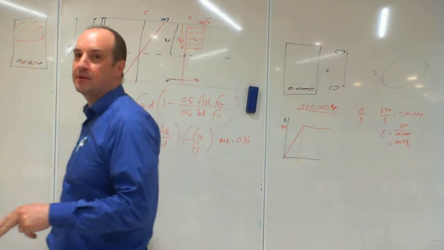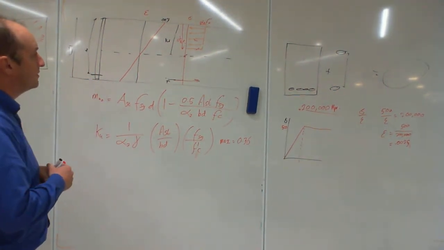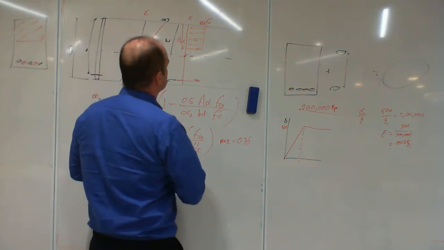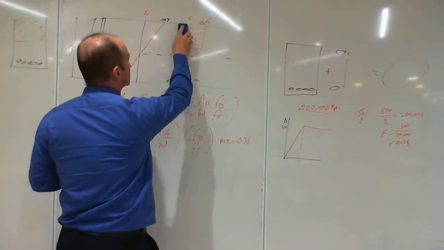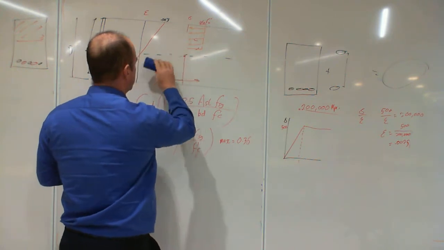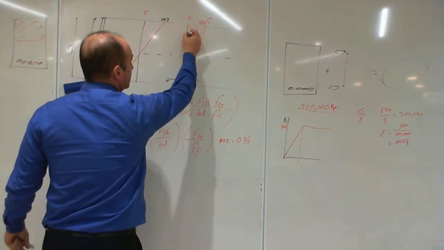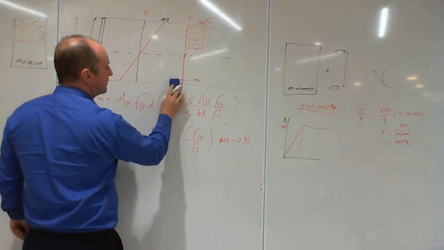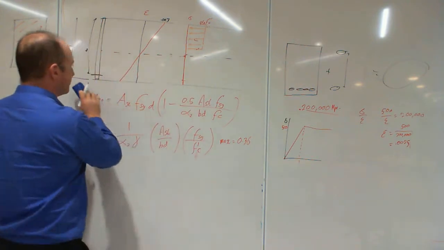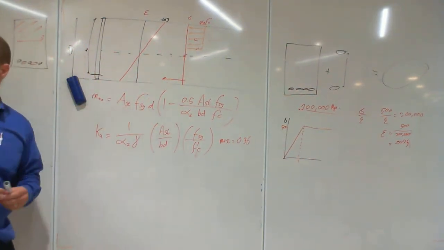Okay? Now, let's draw on here, take off these things just to clear it up a little bit. Alright? There's our 0 line. We've got a bunch of reinforcing in the bottom, which has all yielded.